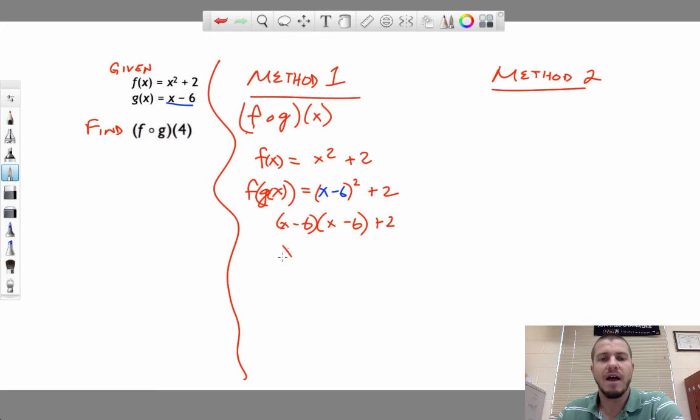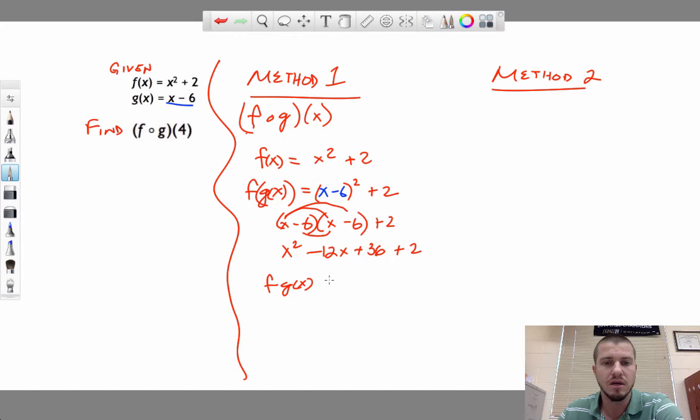So I have x squared, then a negative 6x, and negative 6x is going to combine to be negative 12x. They don't cancel out. And then negative times negative is positive 36. And then there's that plus 2 on the end. So f of g of x is equal to x squared minus 12x plus 38.